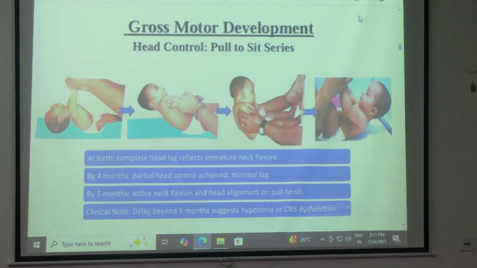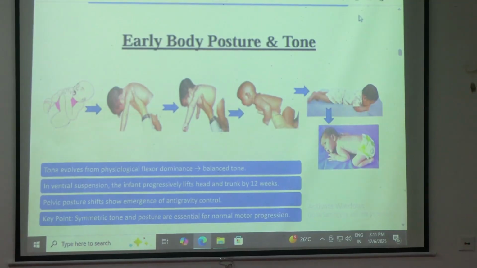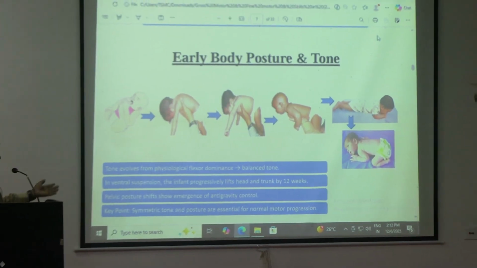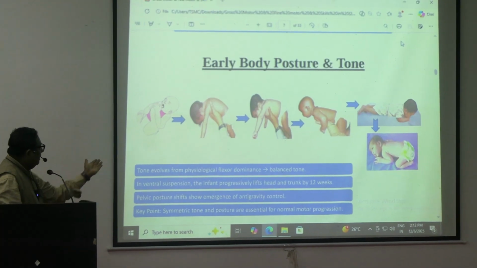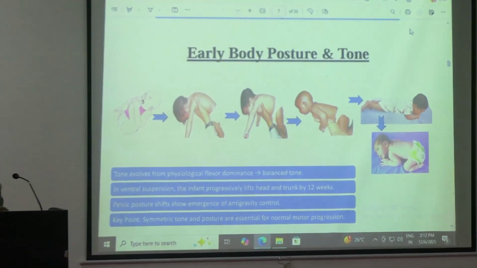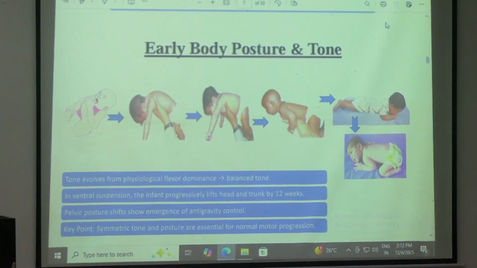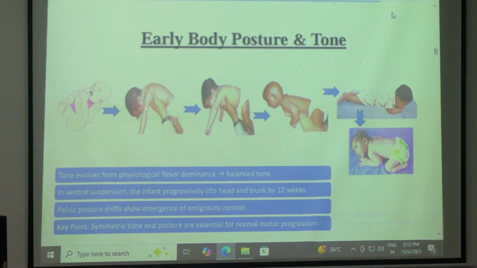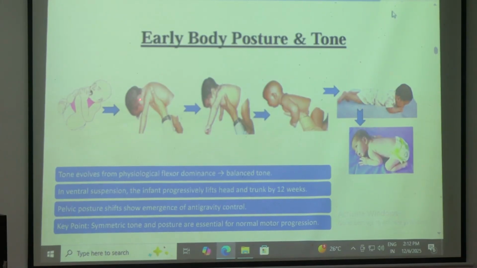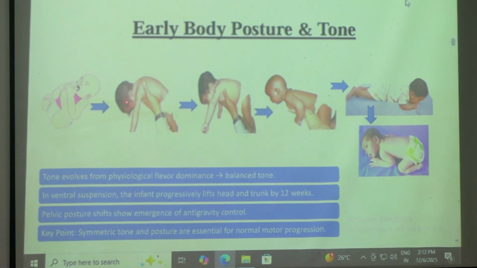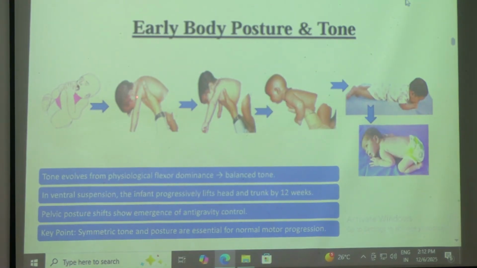Okay? Then you do the ventral suspension. Hold the baby below the chest and abdomen. You understand my point? At 4 weeks, there is dropping of the head, like this you will find. At 4 weeks. Understand?